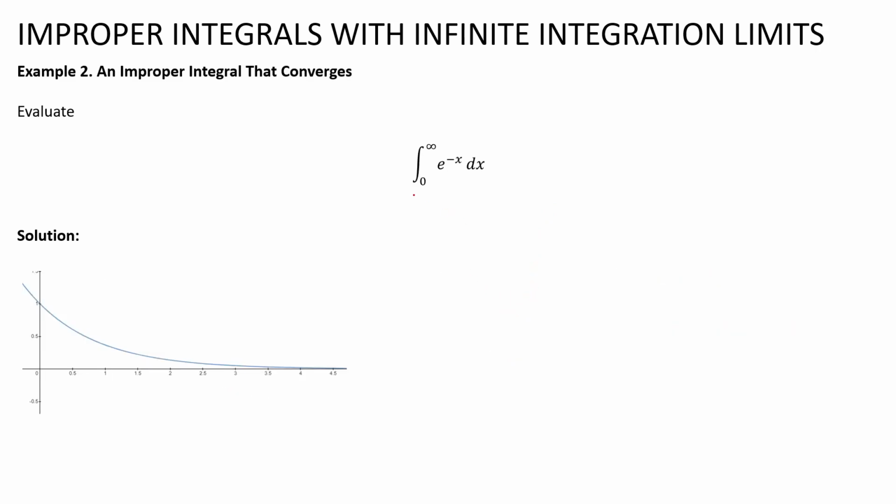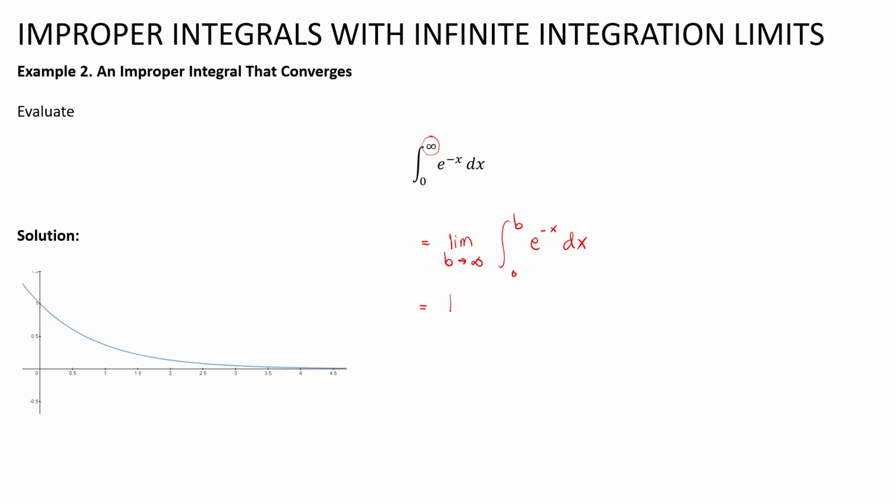Alright, so for the second example, the infinite limit is still on the upper limit. So this becomes the limit of b approaches infinity, and then the integral from 0 to b of e to the power of negative x dx.